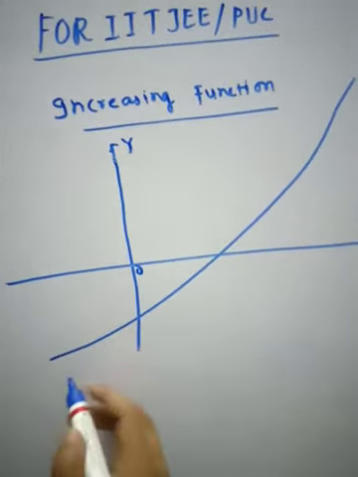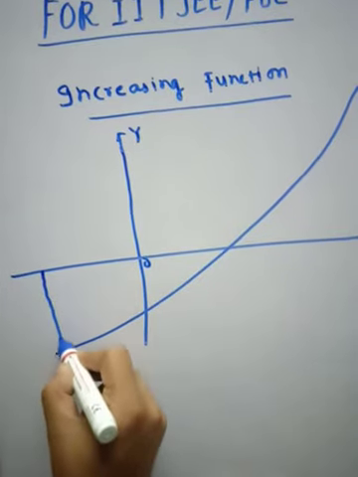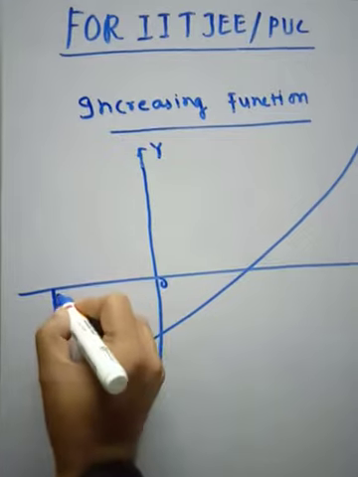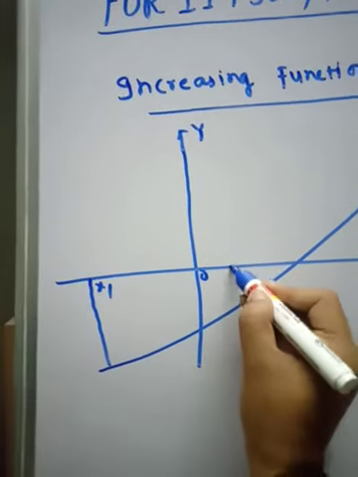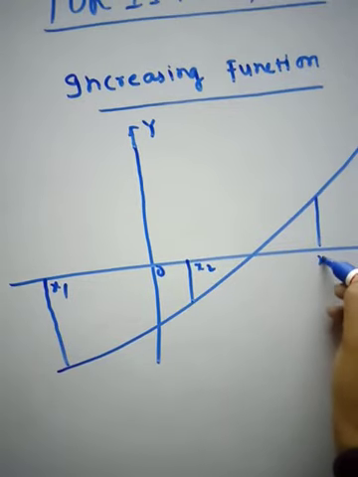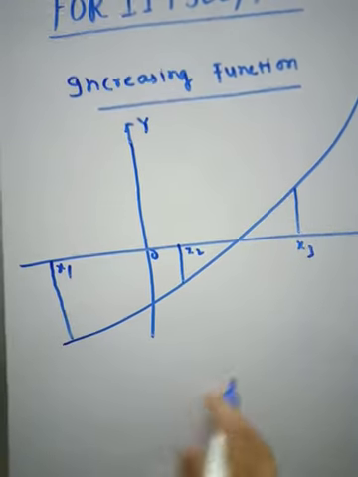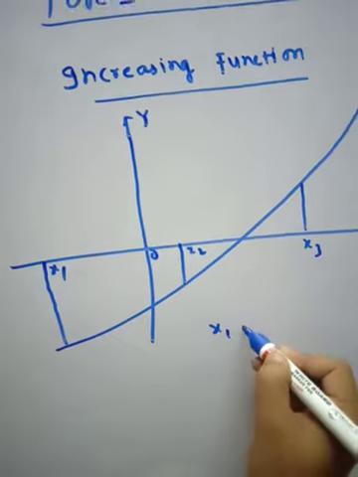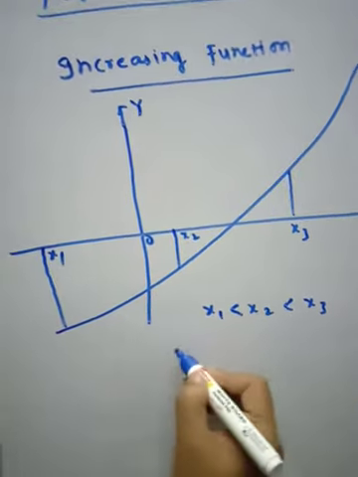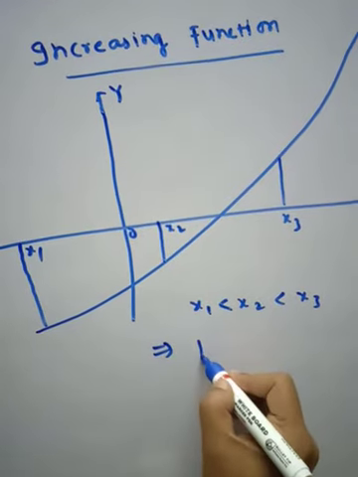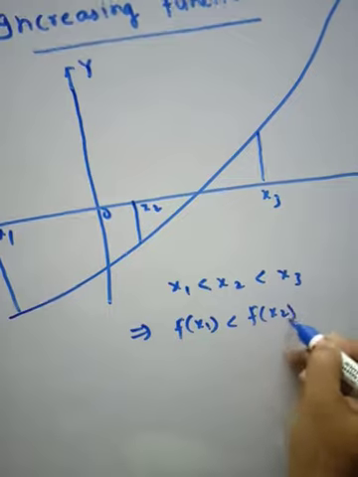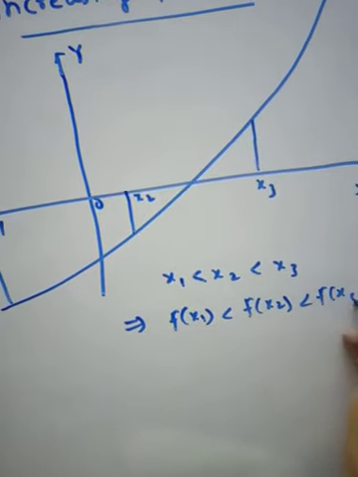Suppose this is the x1 value here, here we have the x2 value, and here we have the x3 value. So here x1 is less than x2, less than x3. That means fx1 will be less than fx2, less than fx3.